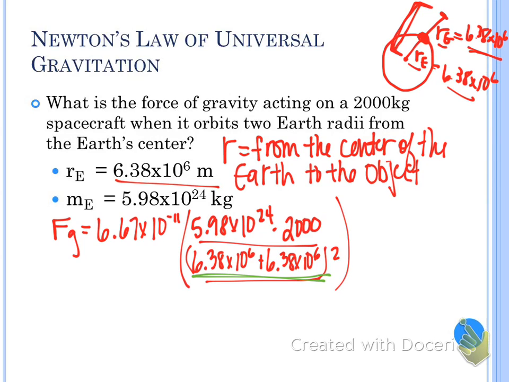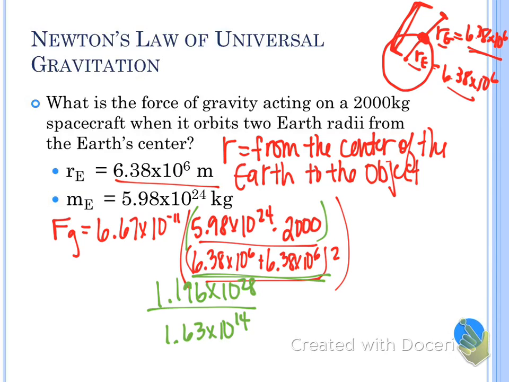Okay, that gives me a value of 1.63 times 10 to the 14th. Okay, so then I'm going to move to the top of my fraction here. I'm going to say 5.98 times 10 to the 24th times 2,000 gives me 1.196 times 10 to the 28th. And I'm going to go ahead and divide those.